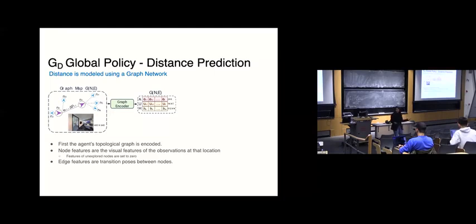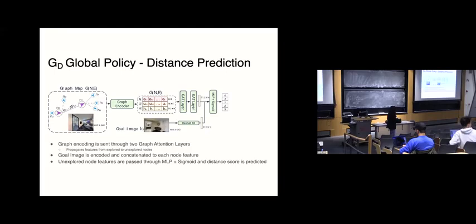Because now, once you do that, you can evaluate all your waypoints. The edges have to do with the delta pose, how far away and in which orientation change the nodes are. So these delta poses are also taken into account during graph convolutions. They enter into the edge features.